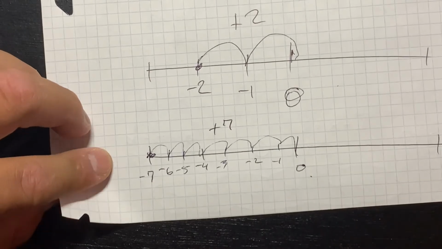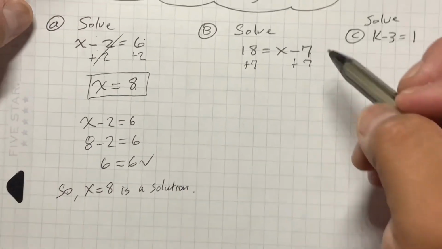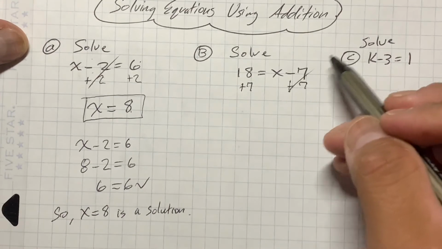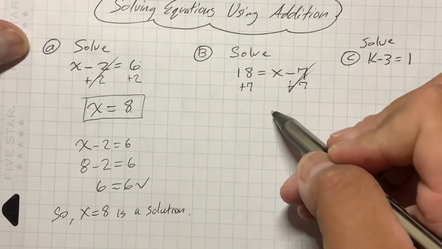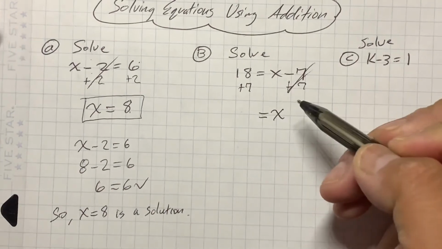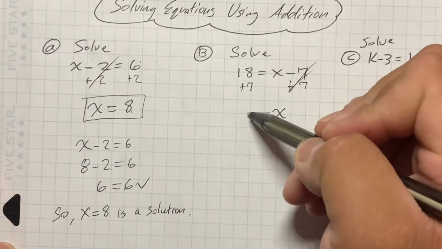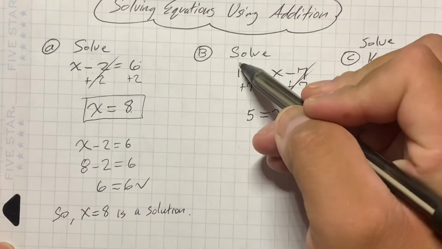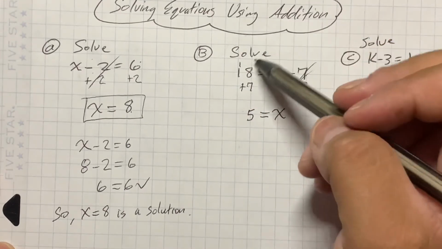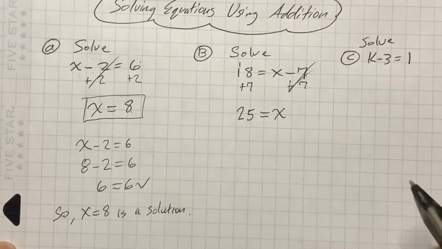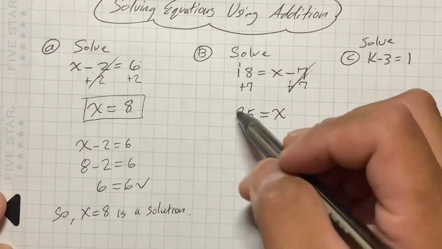Again, we're going to be at 0. So again, negative 7 plus 7 is going to be nothing, so this cancels out. So we're going to be left with the variable x. Now 8 plus 7 is going to be 15, carry your 1, and then 1 plus 1 is 2. So we're going to say that the x value is going to equal 25.